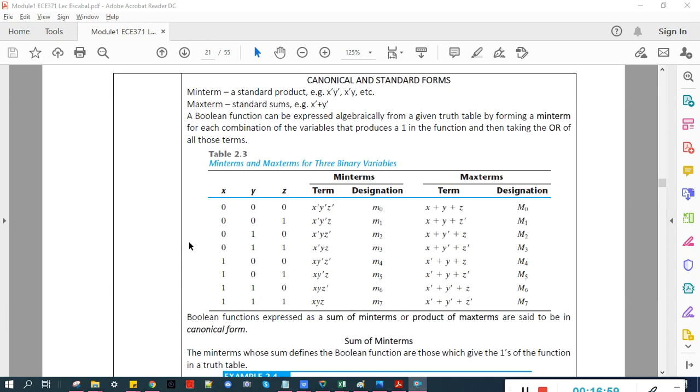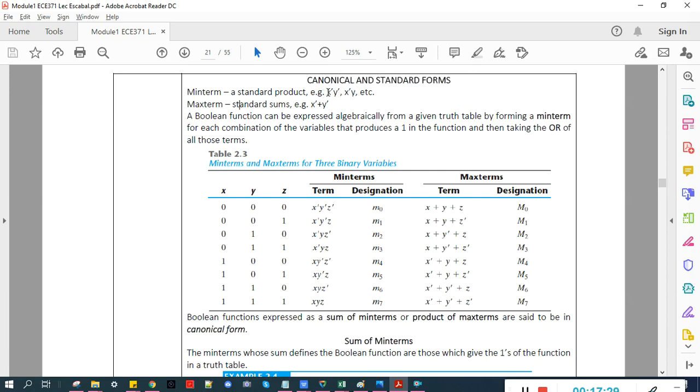Okay, let's continue. Let's define some terms. I'm going to try to establish the canonical and standard forms of Boolean expressions. Min term: this is the standard product. For example, x prime y prime or x prime y.